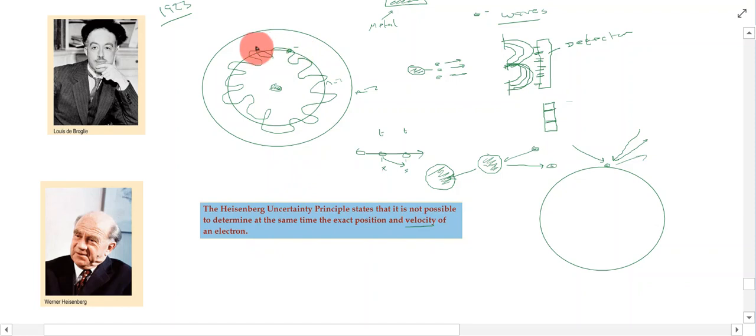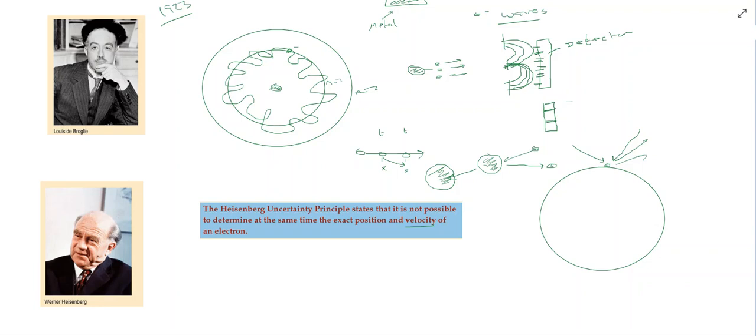Again, this blows holes in Bohr's model of the atom, of thinking of the electrons as orbiting around the nucleus, just like planets orbit around the sun, in these perfectly observable and measurable orbits or levels. So there is considerable uncertainty with regards to the location of an electron in an atom at any given time.